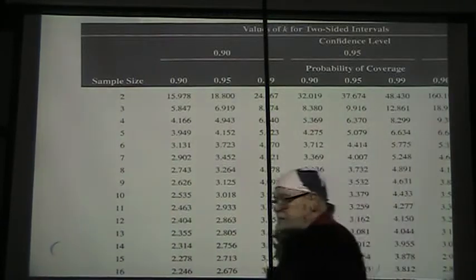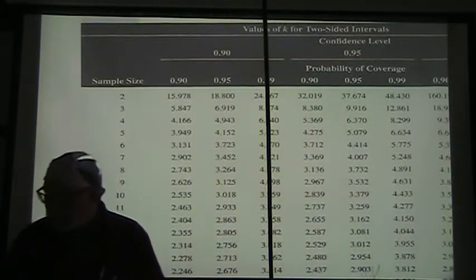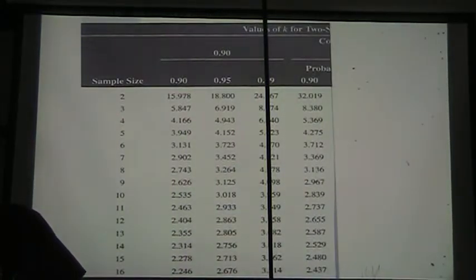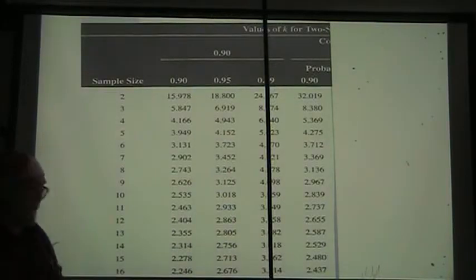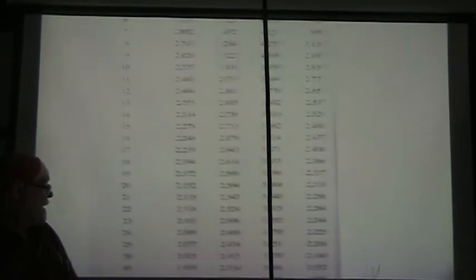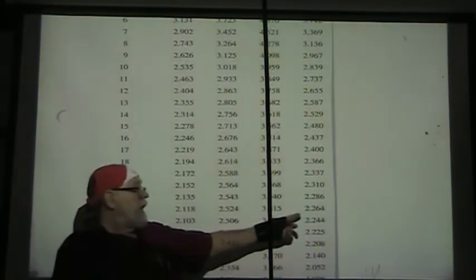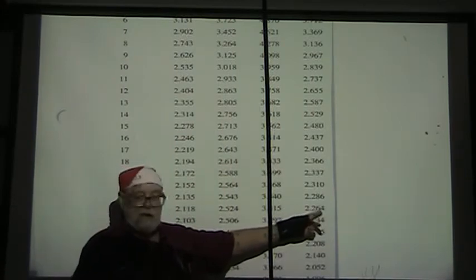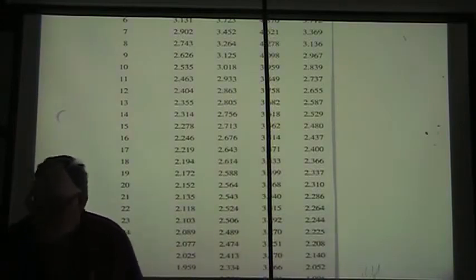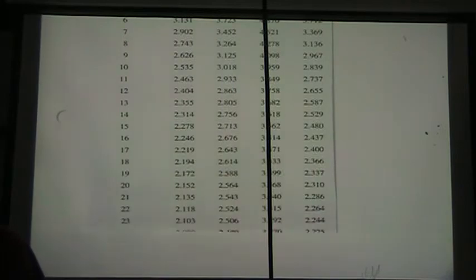All right, so I've got to tilt down further, but I'm going to use my usual trick of putting a piece of paper, and then I come down here and you can see there's 22, and there is 2.264, which matches up with 22, there you go.